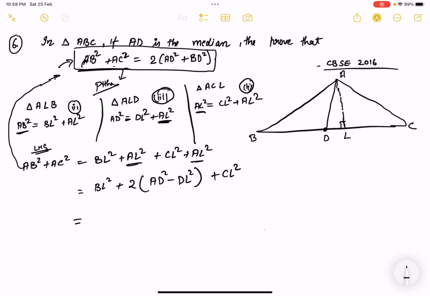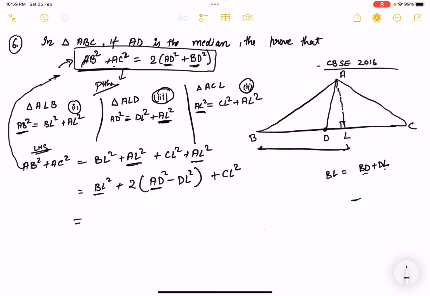Now BL. AD we have in our final expression. We have BD. So let's try to include BD. So how can we do that? This whole length is BL. So we can write BL is equal to BD plus DL. Why are we writing BL is equal to BD plus DL?